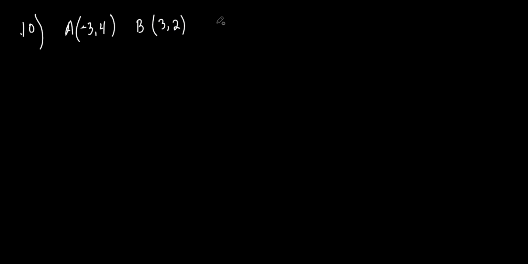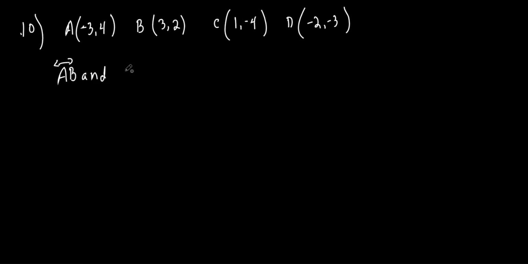So write this down. Now, the numbers on the quiz could be a little different. Okay? But the gist of the problem, the whole idea of the problem is going to be exactly the same. So what I'm going to do is I want you to look at line AB and look at line CD and tell me, okay, what are my choices?